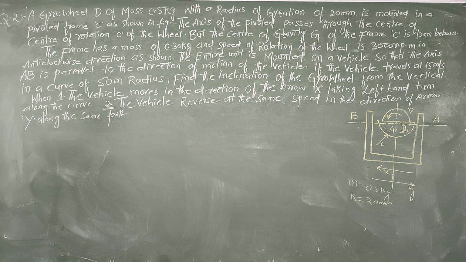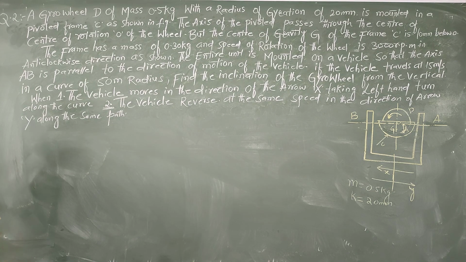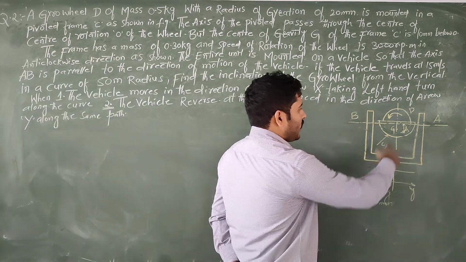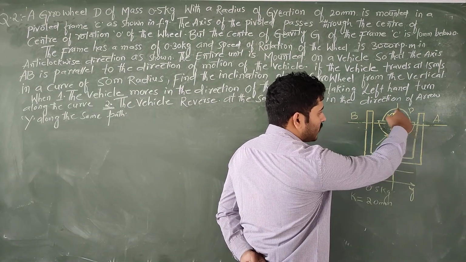The axis of the pivot passes through the center of rotation O of the wheel. So this means that this wheel rotates about the center point.